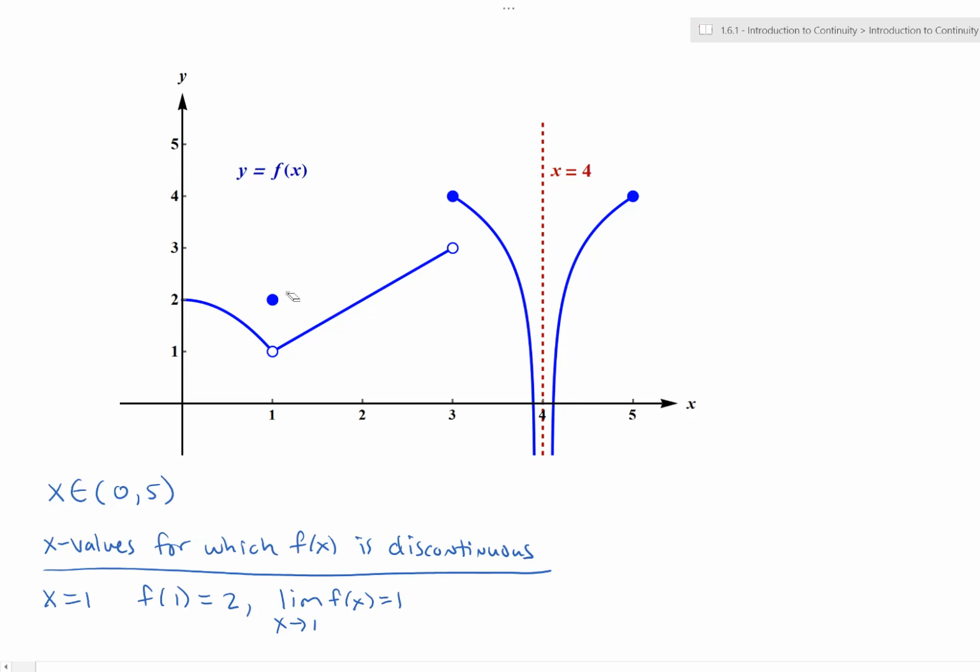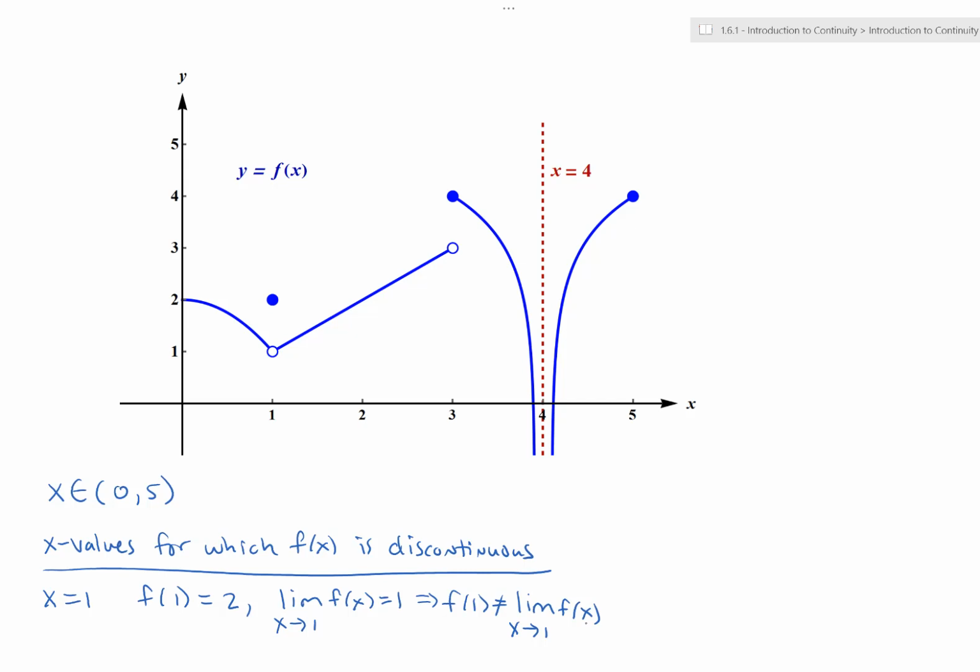However, they're not the same, right? f of 1 is not the same as the limit as x goes to 1 of f of x. Even though we had 2 out of 3 check marks from our criteria, the third one didn't match up. So hence, at x is 1, the function f of x is discontinuous.